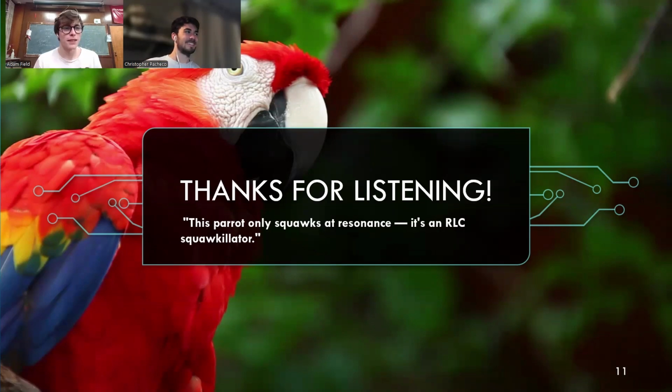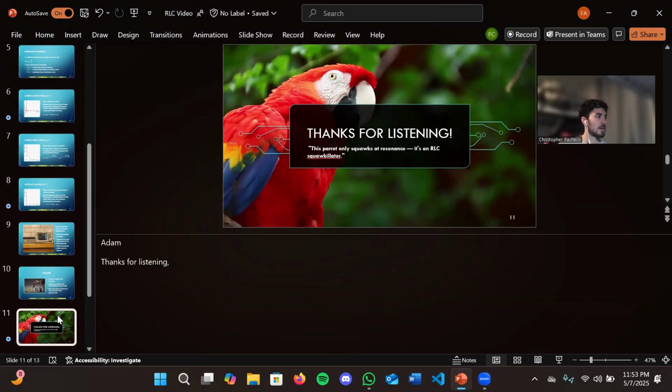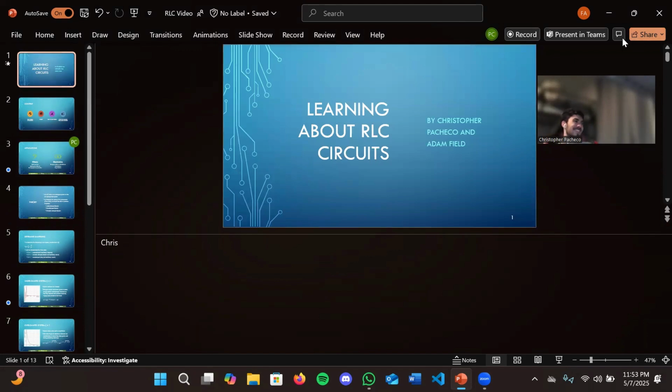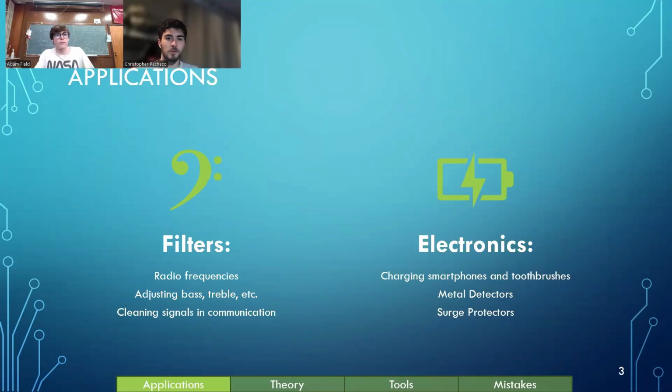What? This is the bloopers. This parrot only squawks at resonance. It's an RLC squawkulator. So for some real application, is that how you spell application? Hold on. That was bad.